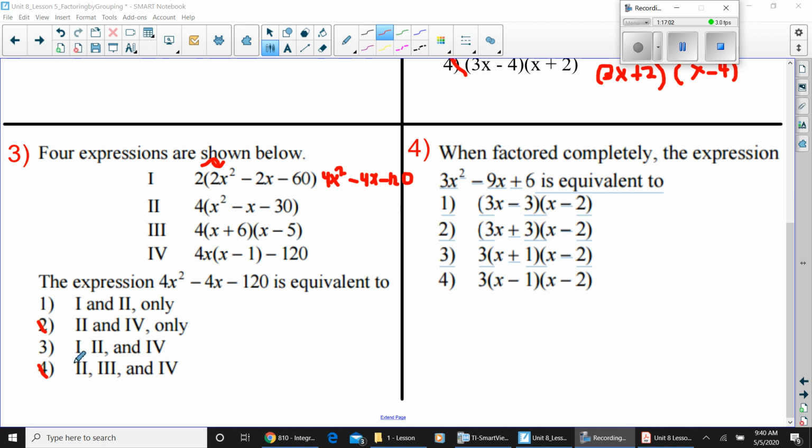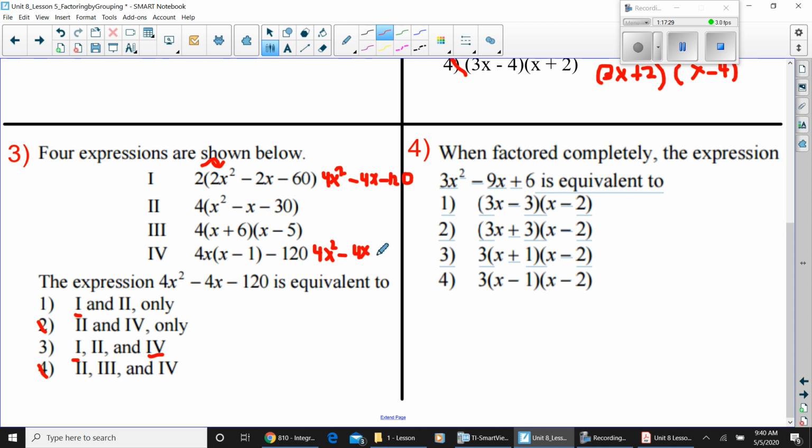So that means number 1 has to be a part of the answers, and 1 and 3. Notice that 1 and 2 are part of both answers. So I would just look at number 4. 4x times x is 4x squared. Because if this doesn't work, that means 3 is not the answer. 4x times negative 1 is negative 4x. Do you notice that that works so far?